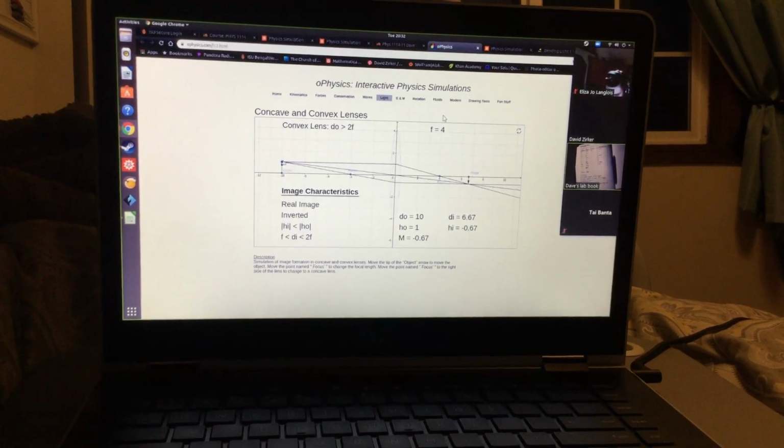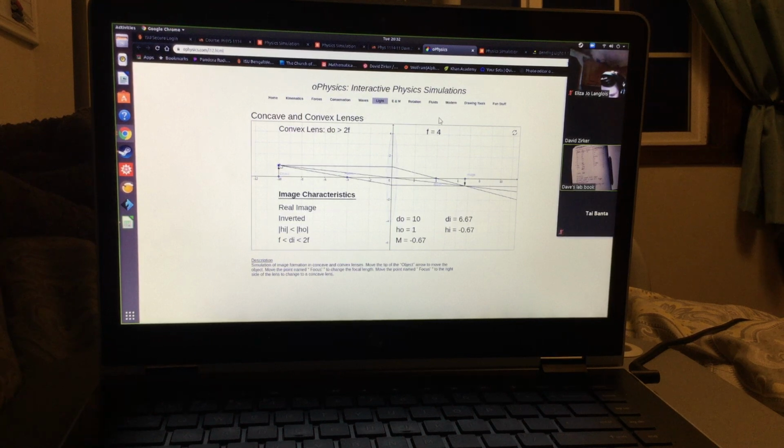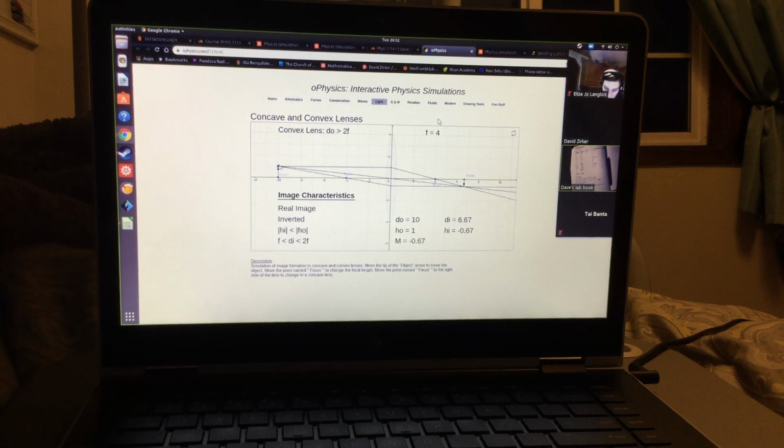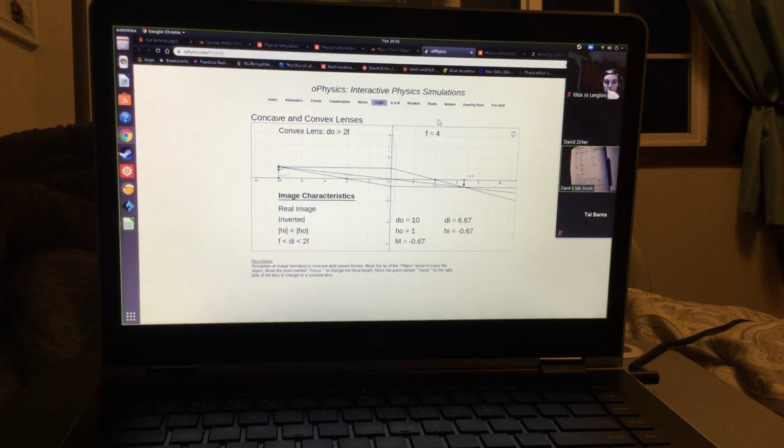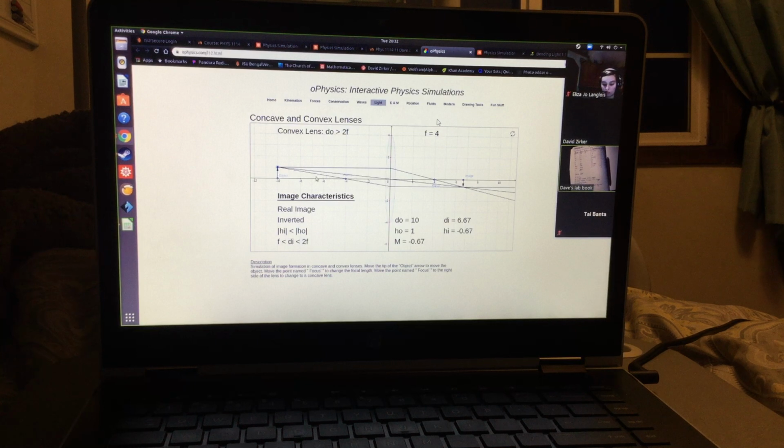So on number 4, asks if it's larger or smaller. Does that have to do with the negative values for the magnification? For that one, you're going to have to say for what object distances the image is larger and for which it is smaller.